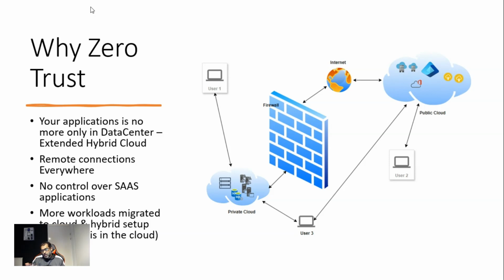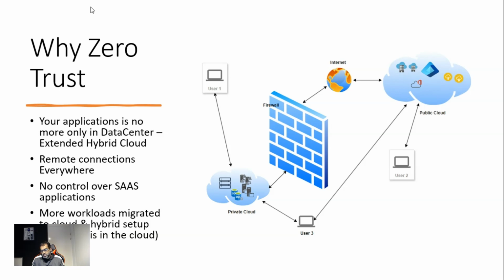So this is an example of how it could be. The diagram you see, user one can access the data from externally towards the data center, which is the private cloud. He or she can have a VPN connection to your data center, and then consume the services.